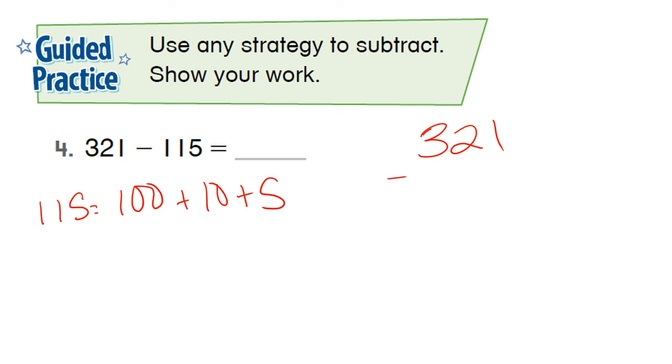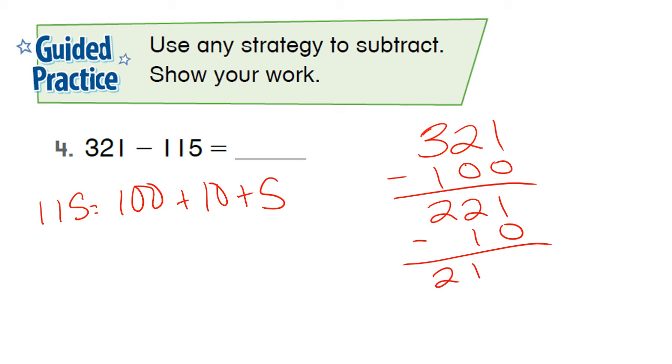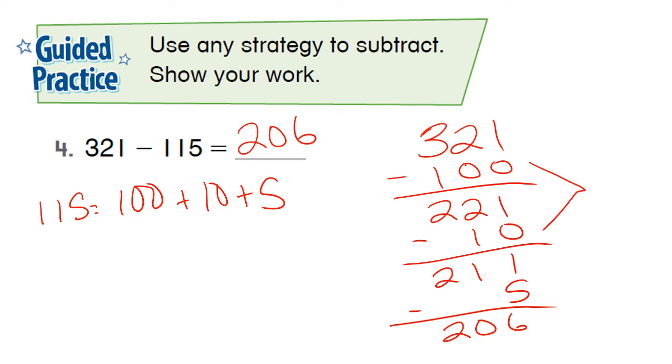So 321 minus 100 is equal to 221. Subtract 10 from that, and I get 211. Subtract 5 from that, and I get 206. So 321 minus 115 equals 206. And if you notice, if I add up everything that I subtracted, I get 115, which is what I am subtracting. And that's it.